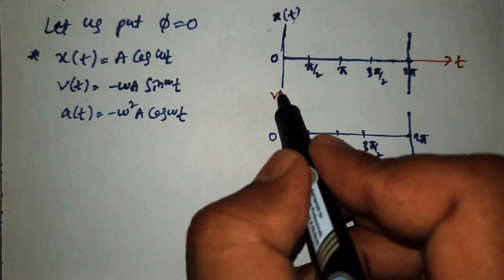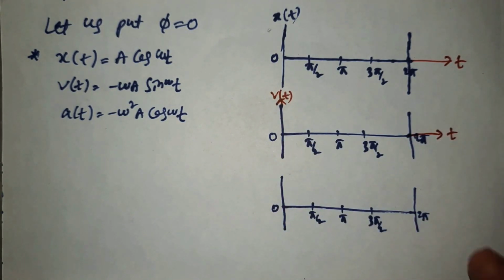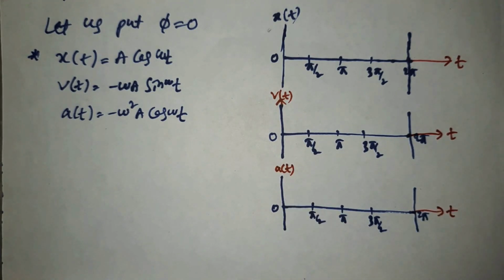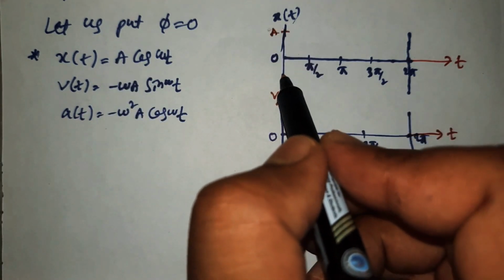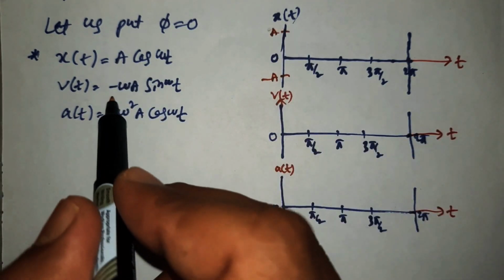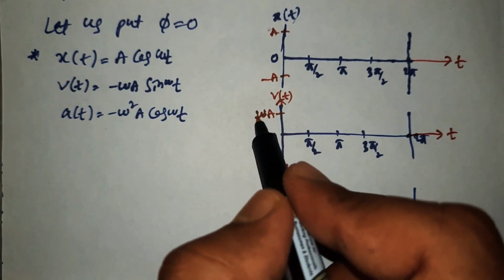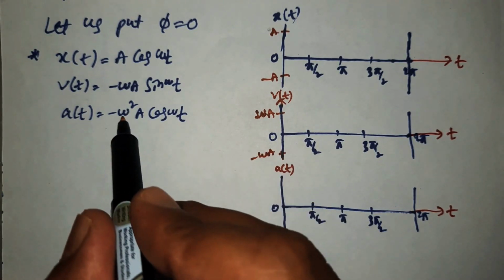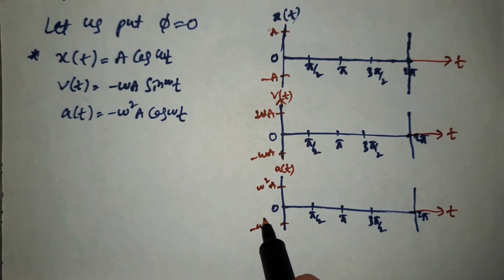So here it is v of t, it is time t. Here is a of t, it is time t. So here amplitude is plus a to minus a. Here amplitude is plus omega a to minus omega a. Here amplitude is omega square a to minus omega square a.